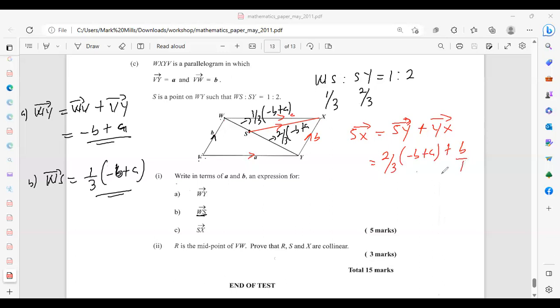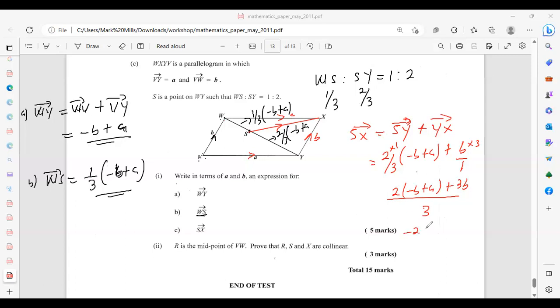I'll put this over 1, but I'm going to simplify this part now. So I will use the LCM, which will be 3. So when I put the LCM here, 3 going into 3 gives me 1 time. So I'm multiplying this one by 2. So I'm left with 2 bracket negative B plus A. Then 1, this one goes into 3 giving me 3 times. So plus 3B. Then work this one out.